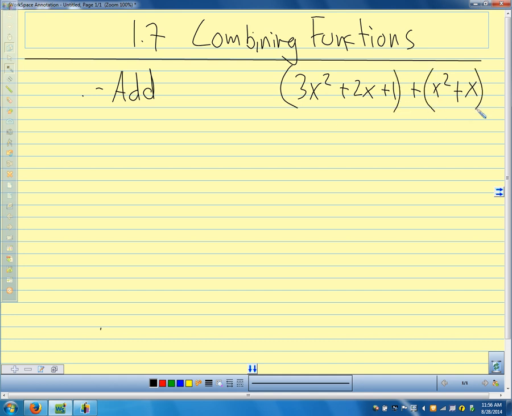What's the Algebra 1 way we talked about combining functions this way? Combine like terms. That's exactly what we're doing here. We're just combining like terms. And addition, what's the next easiest one we could do with functions? Subtraction.